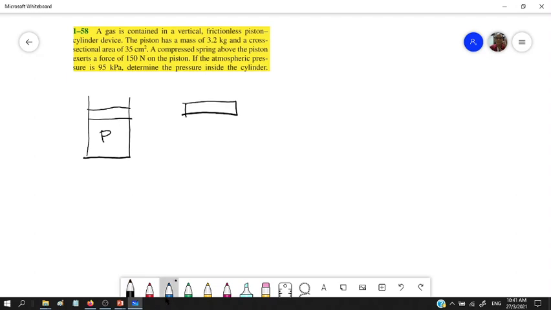If the piston has a mass of m, and on top of this piston, the pressure exerted on it is P atmospheric. And because of the weight of the piston mass, we are going to have another element of pressure right here, which is the pressure of the piston.